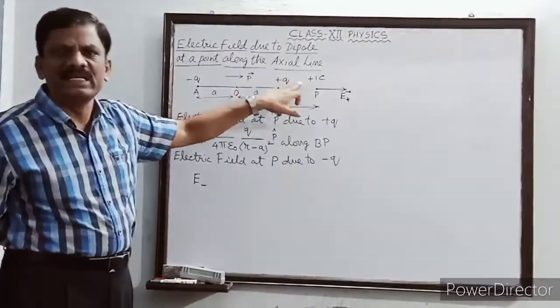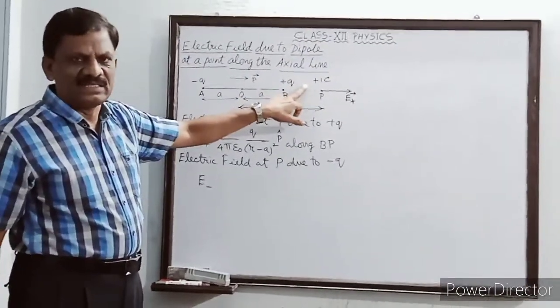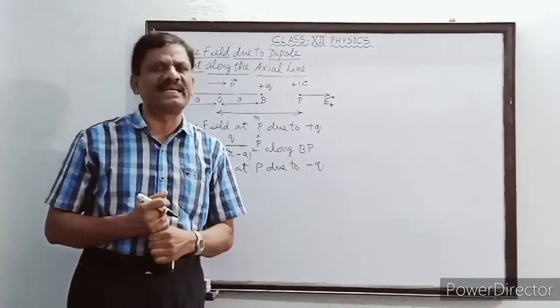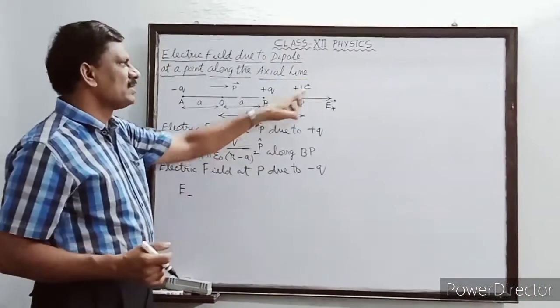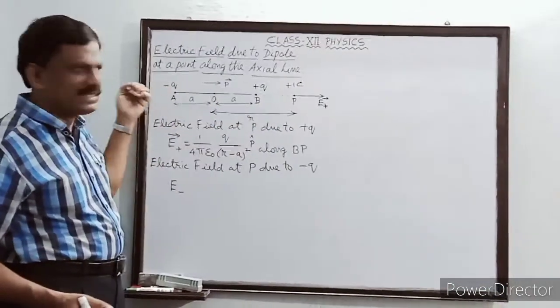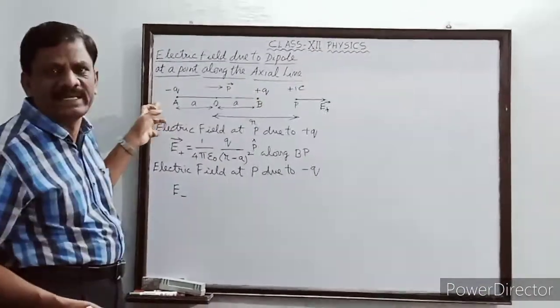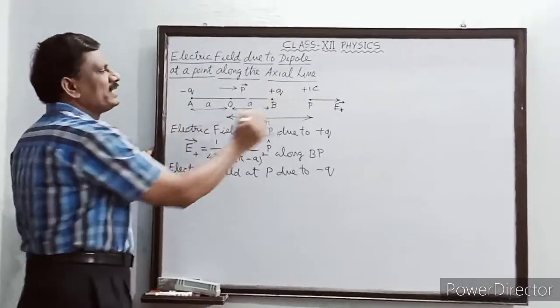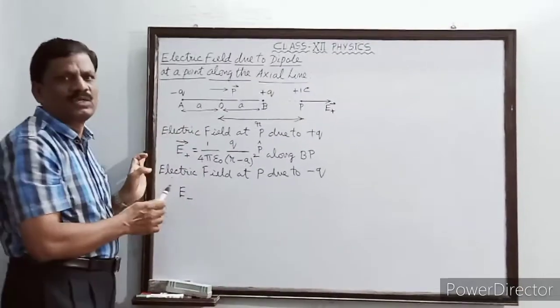These two are unlike charges, and hence the force between them is attractive. Since plus 1 is placed near minus q, this will be pulled towards the point A. Now, what is the distance between these two charges, plus 1 coulomb and minus q coulomb?